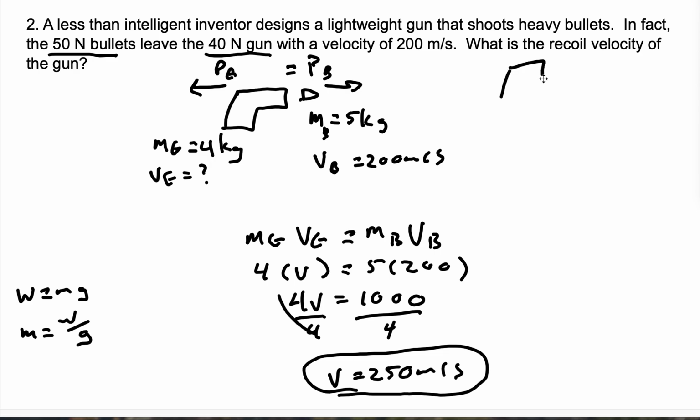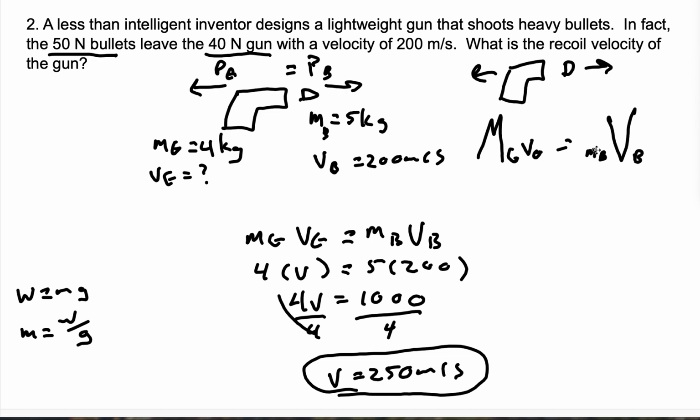All right? So the momentum of the gun going backwards has to equal the momentum of the bullet going forwards. I want the velocity of the gun going backwards to be really small, so I make the mass of that gun really big. Right? And then over here, I want the velocity of the bullet to be really big, so relative to the gun, the mass of the bullet has to be small.